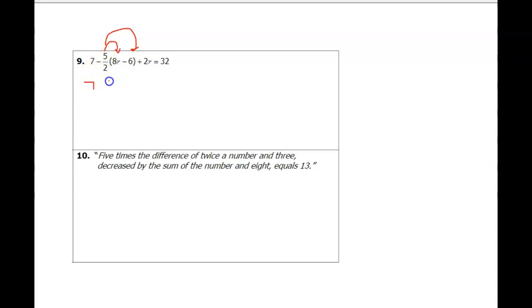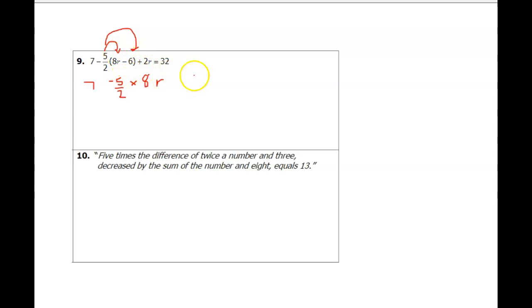Okay, I'm then going to take a negative 5 over 2 times 8, and I keep the R. And then I do the same for the next one.